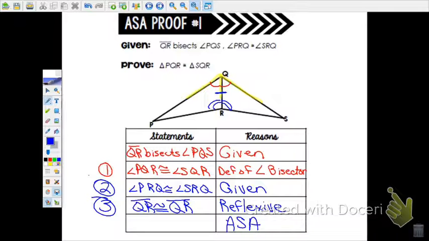So angle, side, angle allows me to prove that triangle PQR is congruent to triangle SQR. So again, we need to see 3 things marked in our picture. We need to see 3 congruency statements so that then we can prove the triangles are congruent.